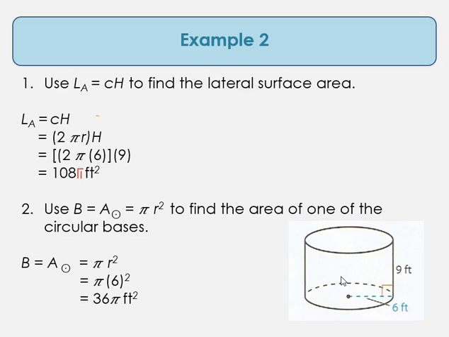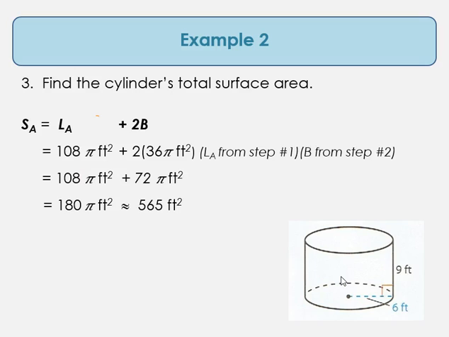Now we'll find the base, and we're going to use the area of a circle to find it. So area equals pi r squared. So if area is pi r squared, r is 6, so pi 6 squared is 36 pi feet squared. And now we'll add those together.